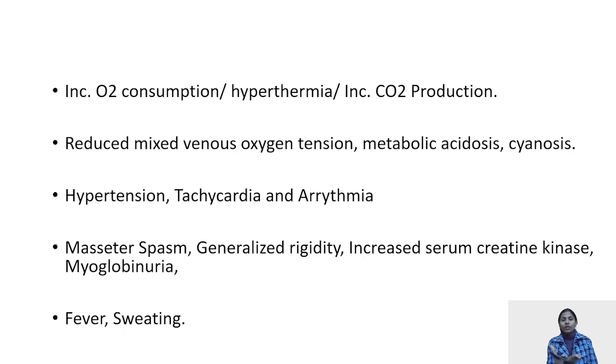You can have hypertension, tachycardia, arrhythmia. Out of this, the first thing that comes is an increase in EtCO2. Then comes fever. Then we can have a characteristic finding which can be mentioned in your exam questions also.